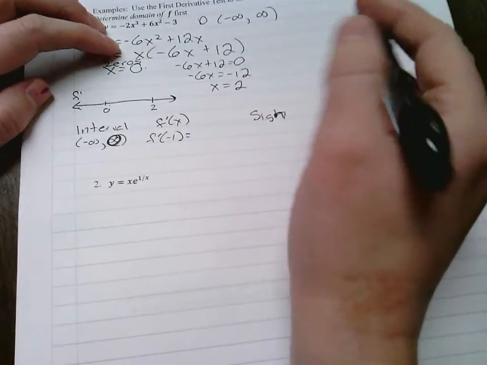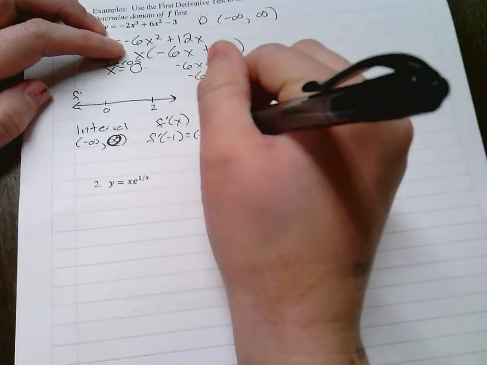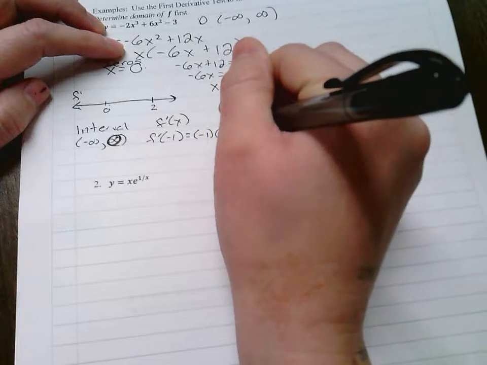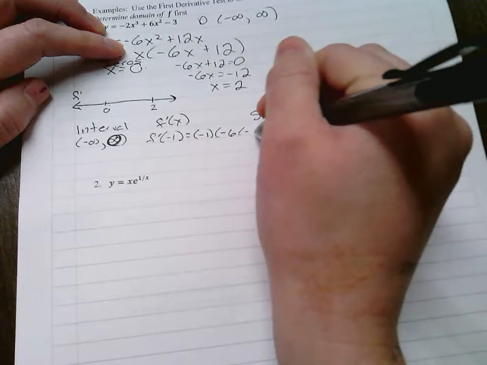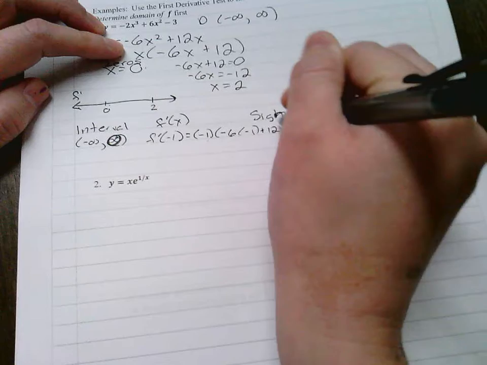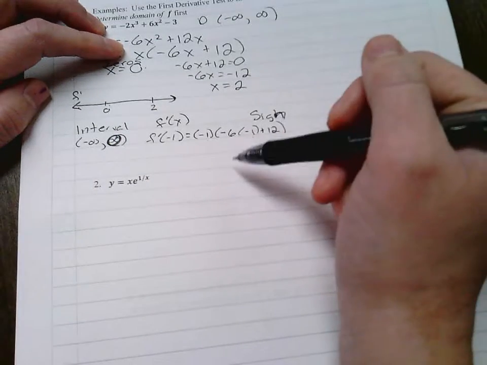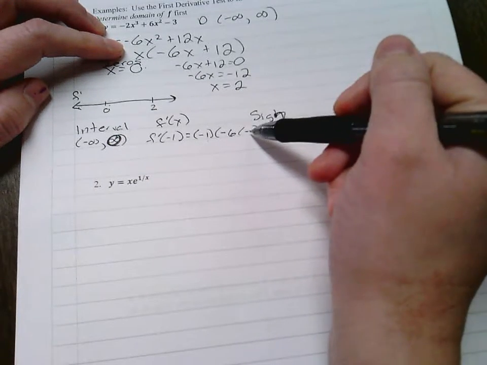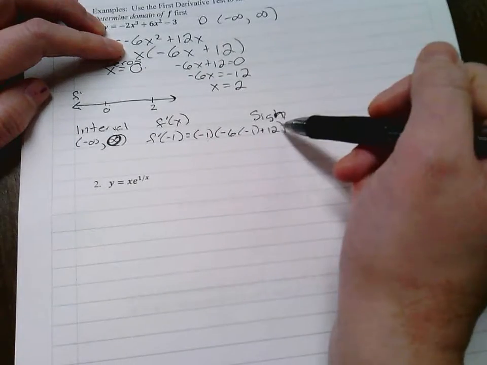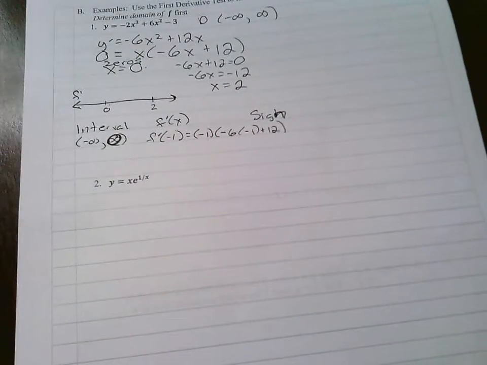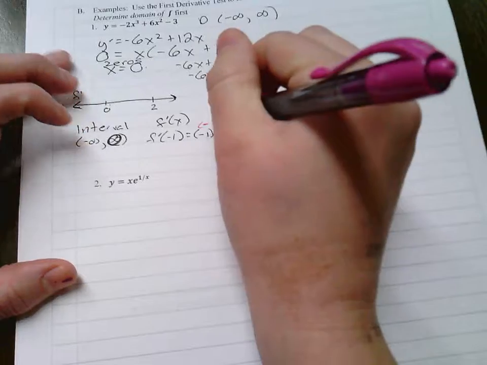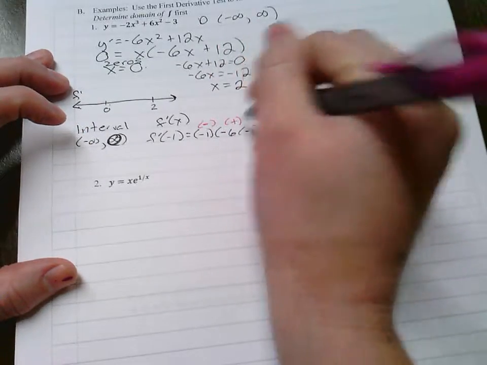So you're going to have negative 1 times negative 6 times negative 1 plus 12. That's going to give you negative 6 times negative 1 is positive 6, plus 12, which is a positive. So you're going to have a negative times a positive, which gives you a negative.